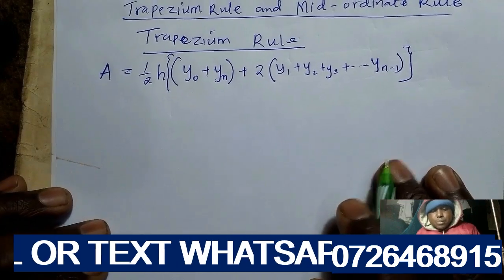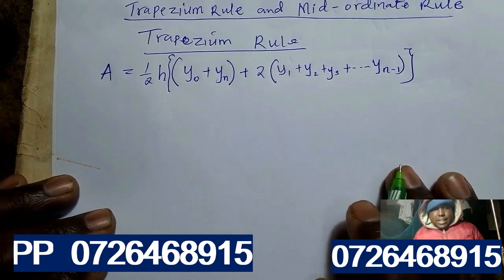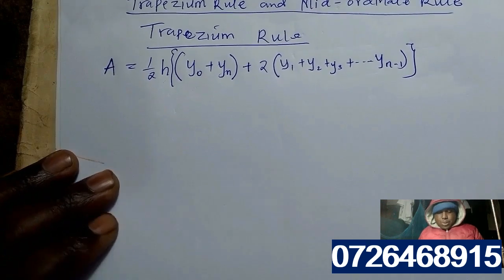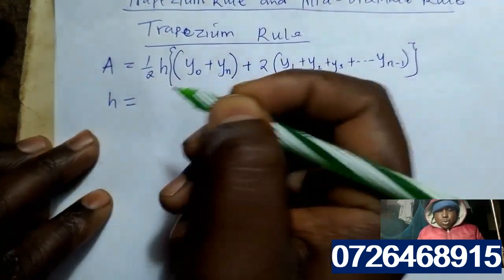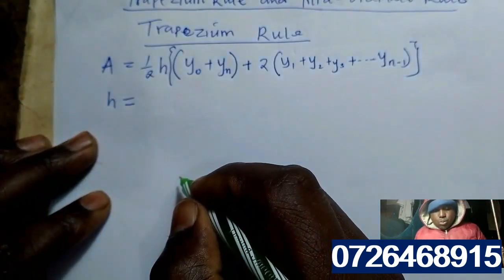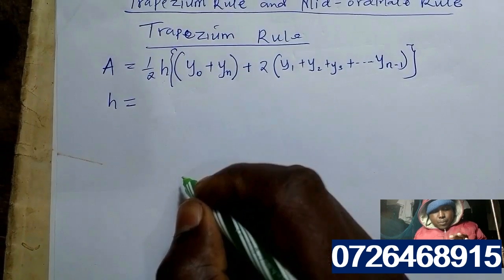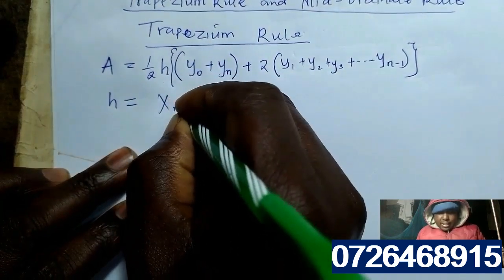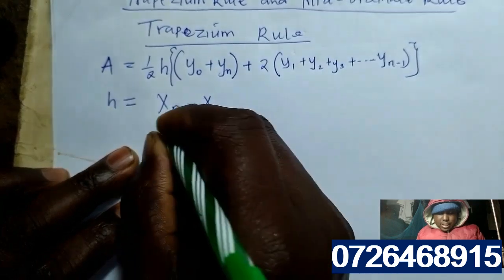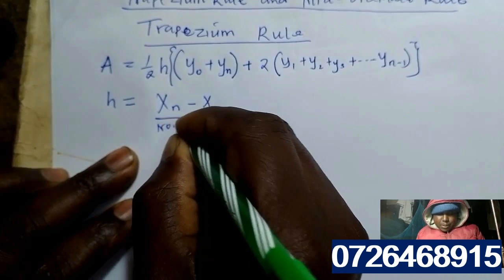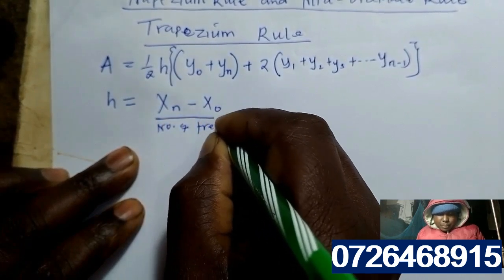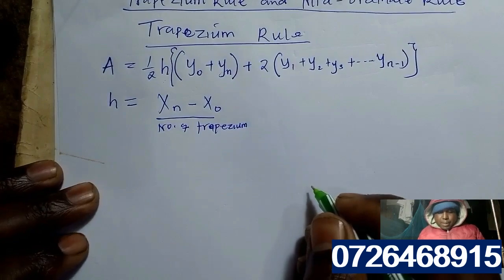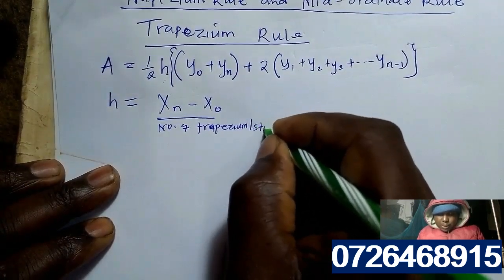But now, one thing we must be very clear about is the height. How do we get the h? Very important now. H is equal to (xn minus x naught) divided by the number of trapeziums, or number of strips.